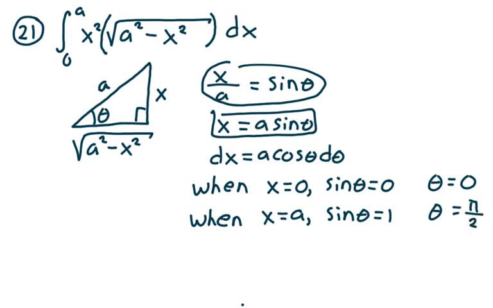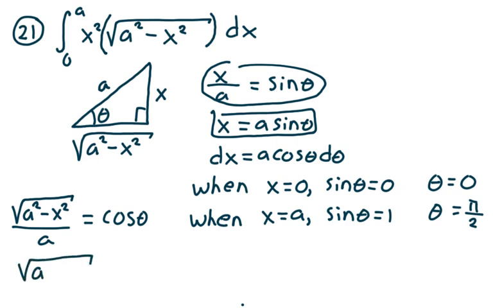So that's good. Now, one last thing. If I take the square root of a squared minus x squared and divide it by a, I get cosine theta. And so the square root of a squared minus x squared is a cosine theta.